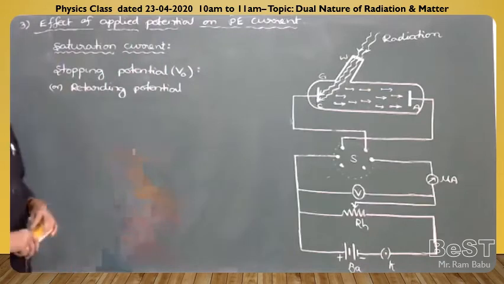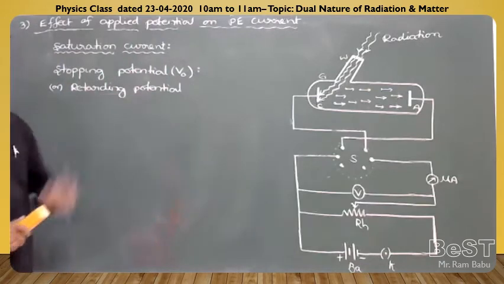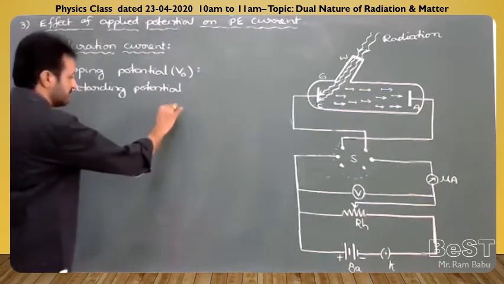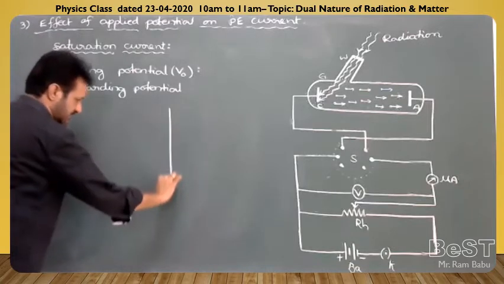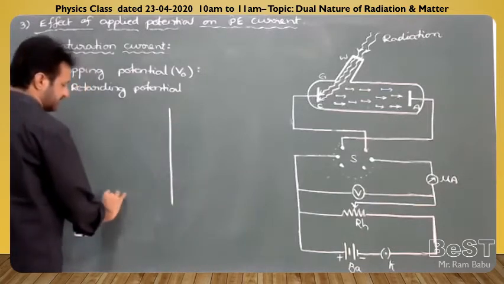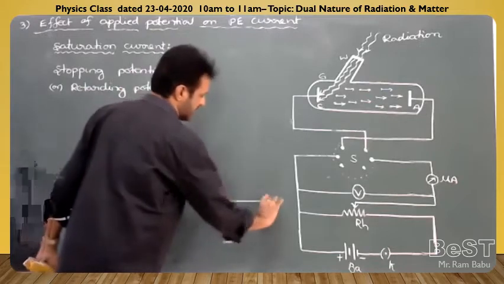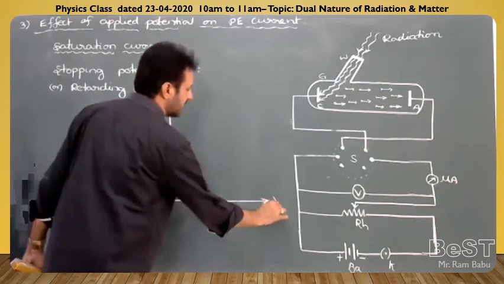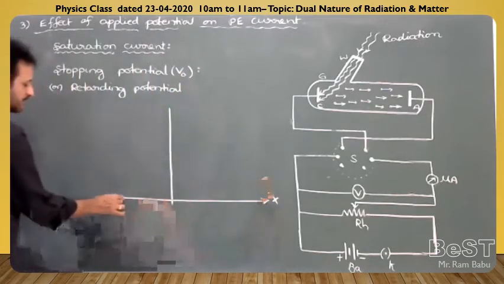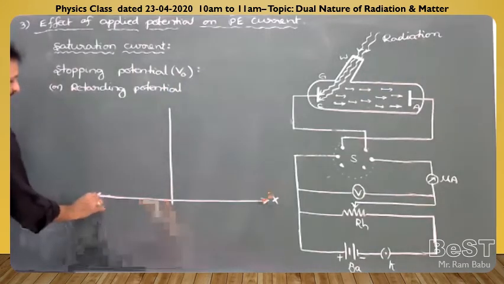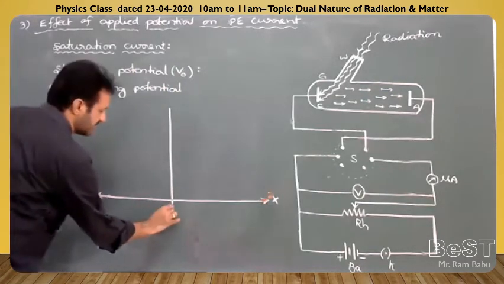And from the experiment, what we observed, I'll draw one simple graph here. By taking applied voltage on the x-axis, whatever potential we apply will be taken on the x-axis. It is the origin.